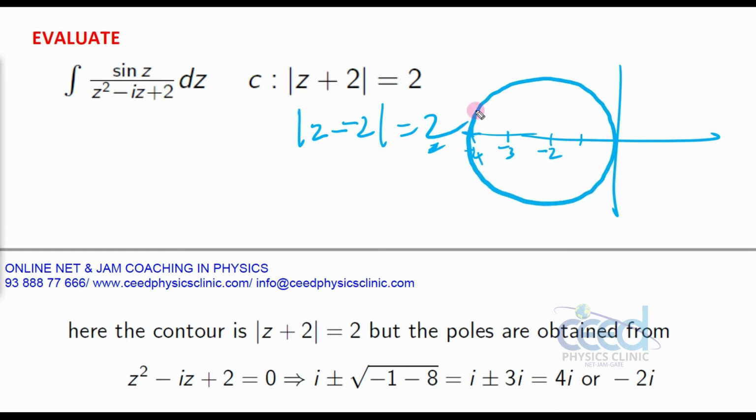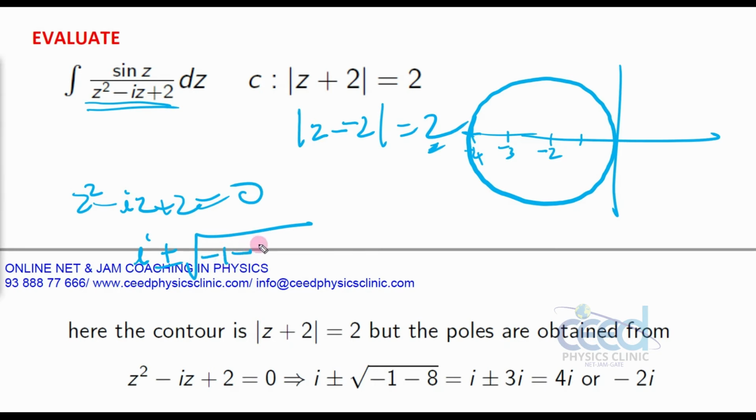And when I am solving this, what are the poles? Let us check whether the pole is inside the contour or not first. So when I am solving this, z square minus iz plus 2 is equal to 0. So that is minus b plus or minus root b square, minus b means that will be i, plus or minus root b square, that is minus i square, that is minus 1, minus 4 into a into c, that is 8, divided by 2a.